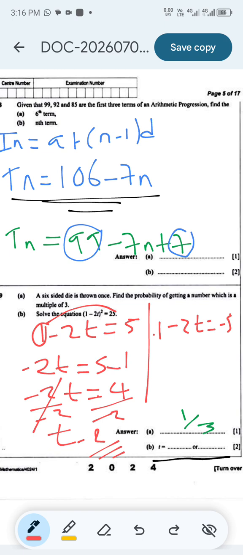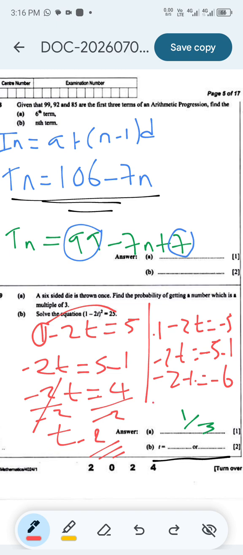This side we are going to have negative 2t is equal to negative 5 minus 1, that is negative 6. Don't forget the rule of integers: when you are evaluating numbers of the same sign, you add and maintain the sign.